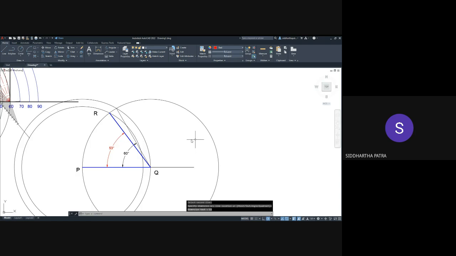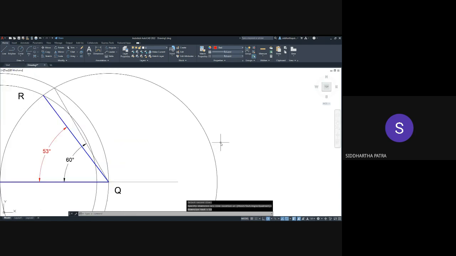You see, it says 53 degrees because it is approximately close to 53 degrees. If I go for more precision, it would probably give me something like 52.95. But since the precision is set at 0, that's why it is showing this.